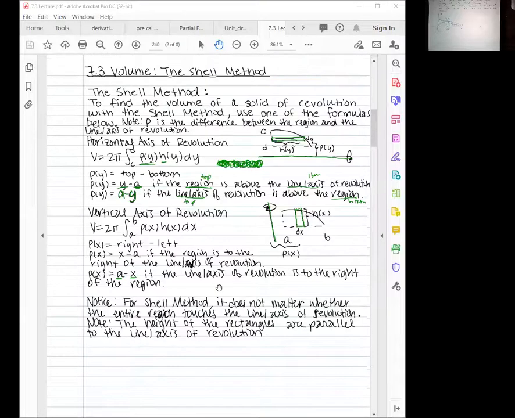All right, so let's look at our notes here to get this correctly together. So I'm doing dx, right? Because I have a vertical rotational axis. Rho will be right minus left. So x minus a if the region is to the right of the axis of revolution.